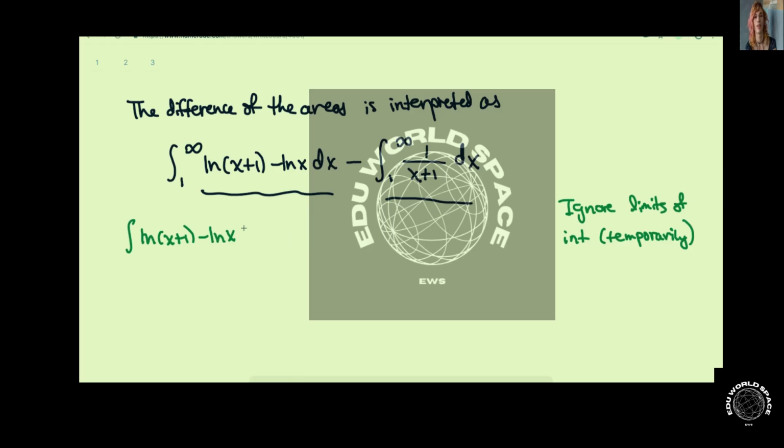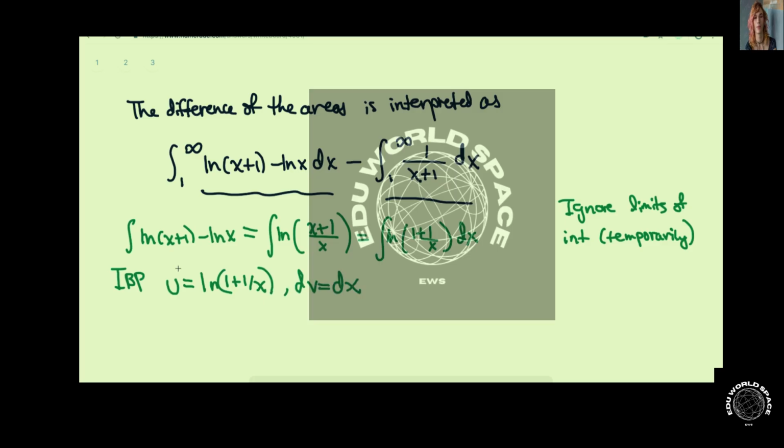This one will be better if we write this as one logarithm, or even better, ln of 1 plus 1 over x. Now go ahead and do integration by parts here. Take your u to just be the integrand, which forces dv to just be dx. So if you do this integration by parts here, then you'll get the following.